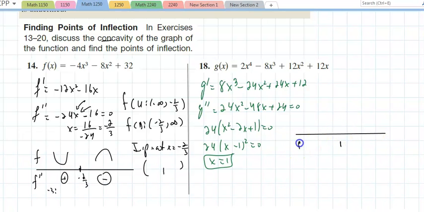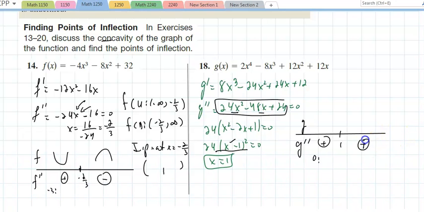There is the 1. There is g double prime, and there's g. A point to the left of 1, let's say 0. If I put a 0 right there, that cancels out. I'm left with a positive 24. Or right there, actually, a 2 is easier. If I put a 2 in there, 2 minus 1 is 1, squared.